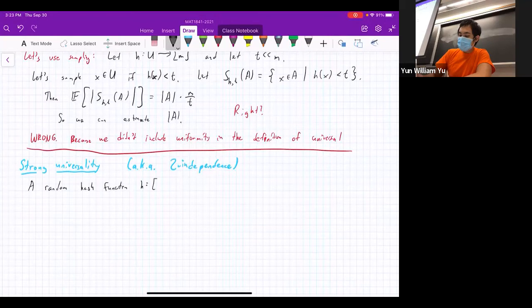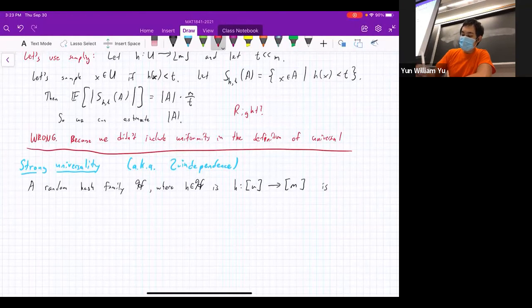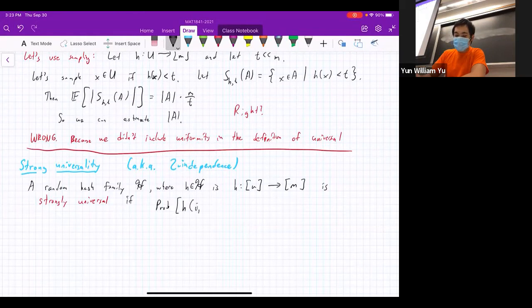A random hash family H, where we have h in H is h from some universe U to our range [m], is strongly universal if the probability that h(i1) = j1 and h(i2) = j2 is equal to 1 over m squared for all i1 not equal to i2 and all j1, j2.